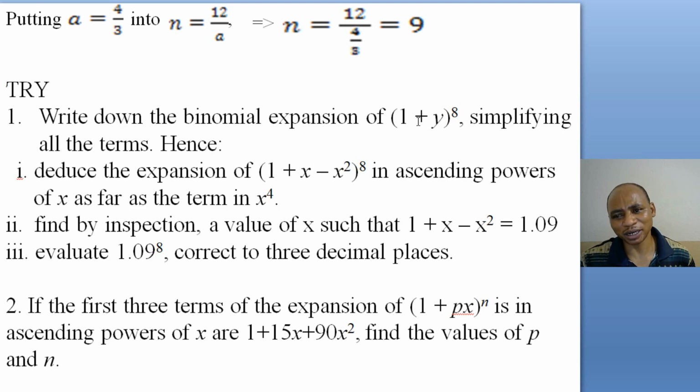You first expand (1 plus y) raised to the power 8 using the binomial theorem. Then you express (1 plus x minus x raised to the power 2) all raised to the power 8 in the form (1 plus y) all raised to the power 8. Then you compare and try to find the value of y or what y will be equated to.